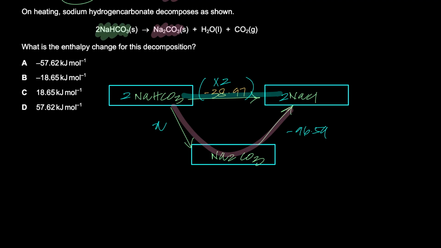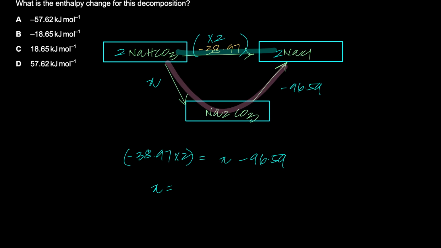So what do you get? The direct route is 38.97 multiplied by 2 equals X minus 96.59. Then I shift the minus 96.59 over as plus 96.59, and minus 38.97 times 2 gives me minus 77.94.